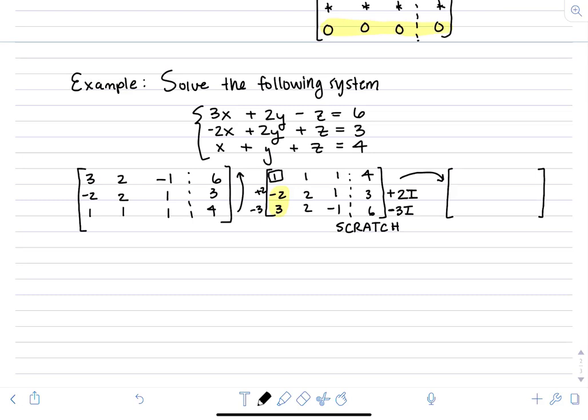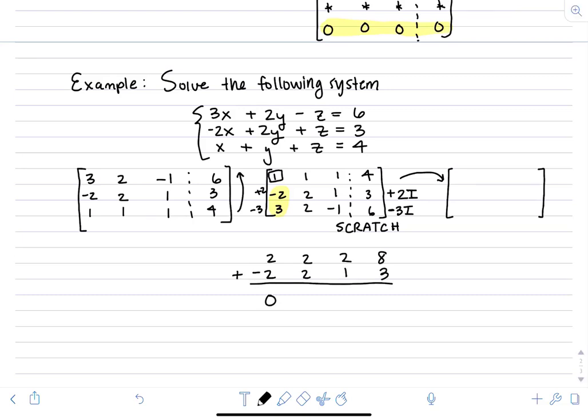Okay, so if I take my first equation, I have 1, 1, 1, 4, and 2 times my first row would be 2, 2, 2, 8, and I'm going to be adding to that negative 2, 2, 1, 3.